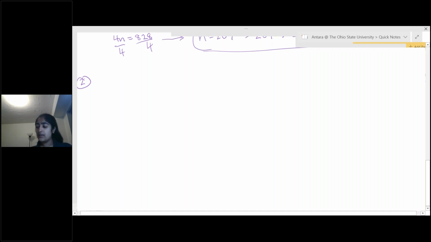In the problem, it said, if the center needs twice as many CNAs as nurses, how many should they have? So we need to know the number of CNAs and the number of nurses. We know that the total of those is 54 according to the problem.